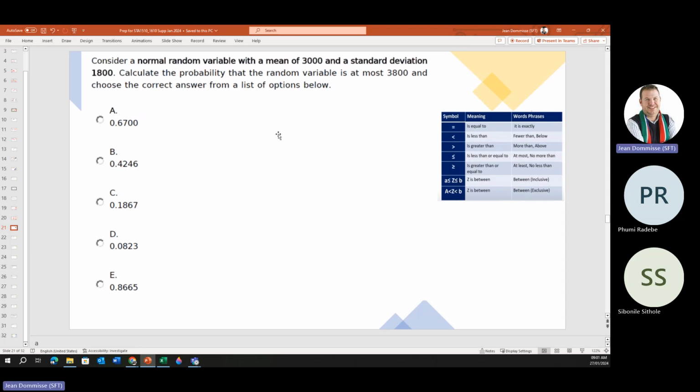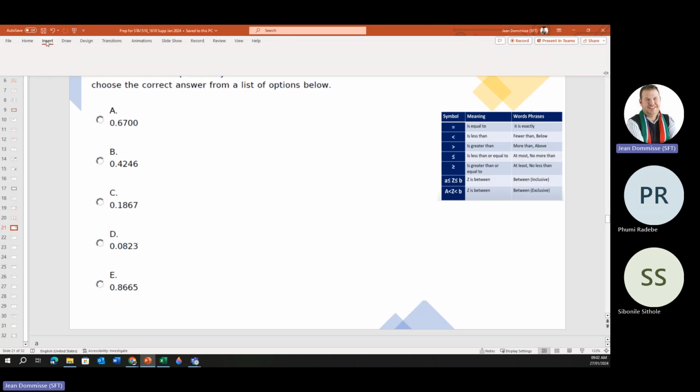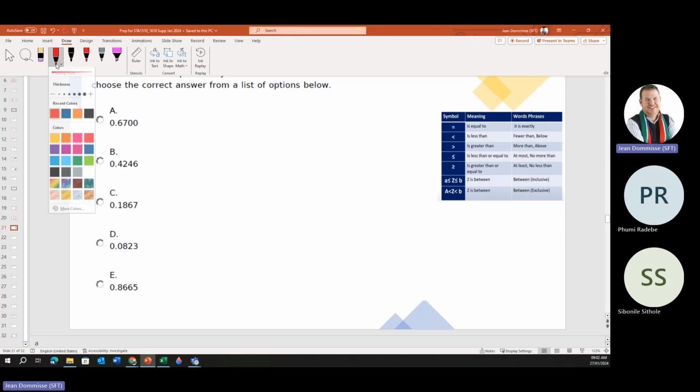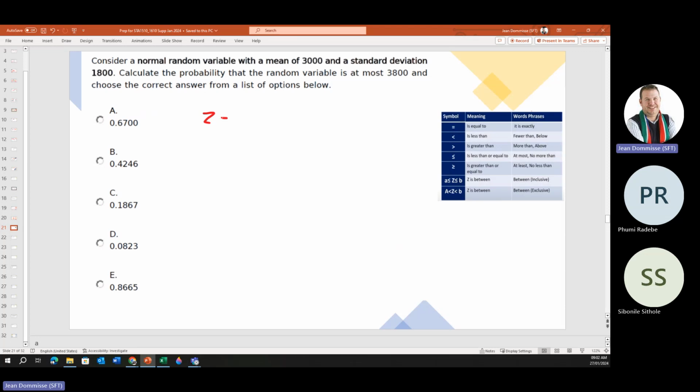Okay, so let's go into chapter 7, where we now talk about normal random variables. They give us information around it. So what we would need to work out is a Z, and then from the Z, we will need to go to the table and find a probability.